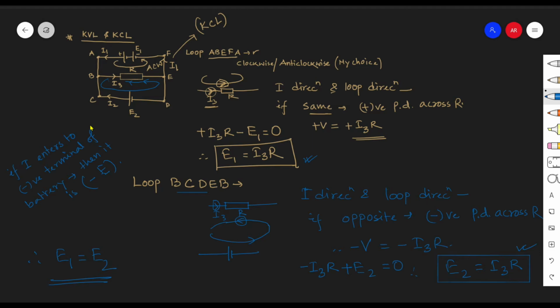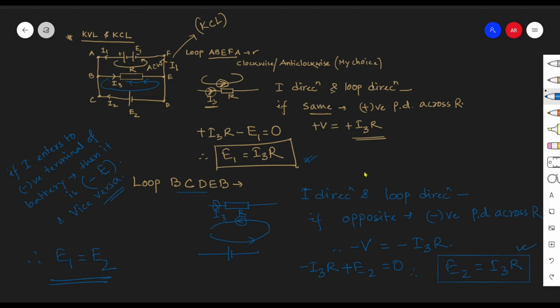So essentially the current I2 here is 0. If I1 has some value, I2 is 0. If I2 has some value, I1 is 0. Only one of the power supplies is working. The other one remains dormant, as they both have the same EMF, same voltage, and are connected in parallel.